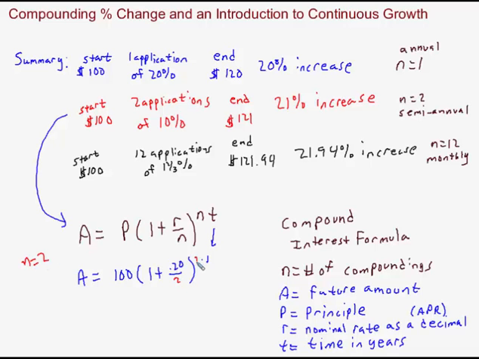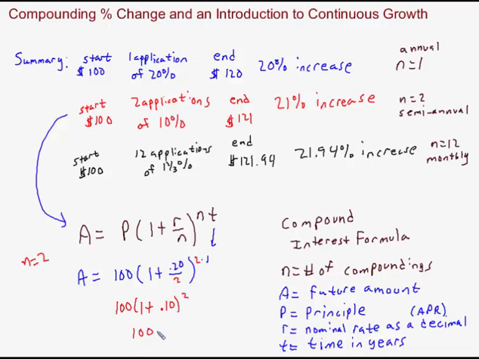So if you remember the part of the video where I did this, the first thing that was done was we converted the annual percentage rate of 20% into a semi-annual rate of 10% by dividing by 2, and I argued that the bank was going to give you 10% interest, but you were going to get 2 applications of that.